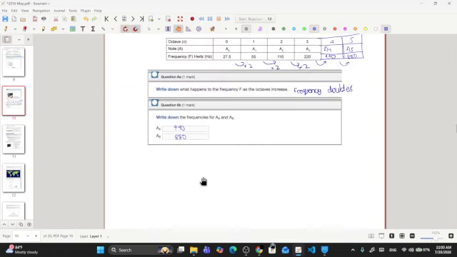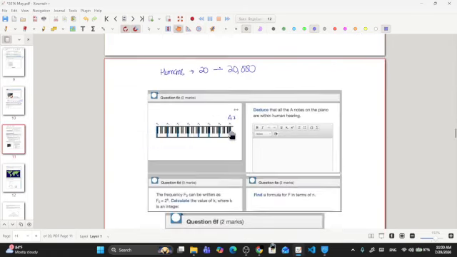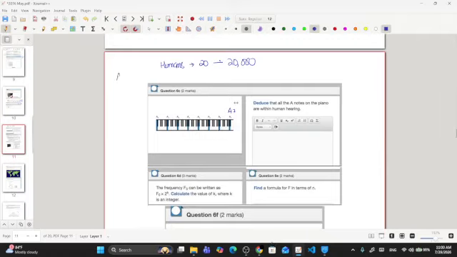I know that A5 was 880. So A6 is supposed to be 880 times 2, which becomes 1760. Then A7 is supposed to be 1760 times 2. If you use a calculator, we would get 3520. So the maximum possible note on the piano was A7, which is 3520 hertz.